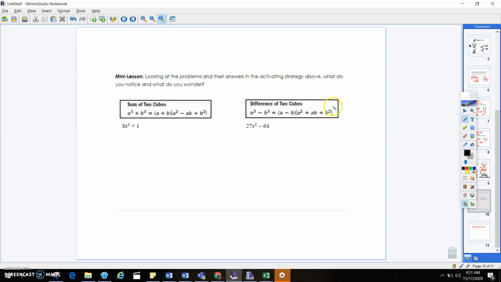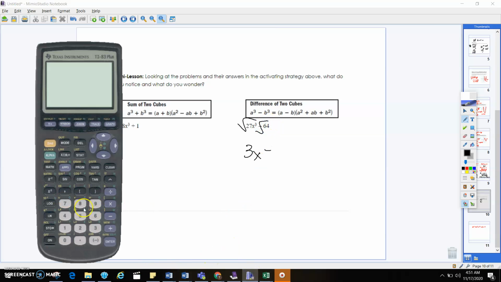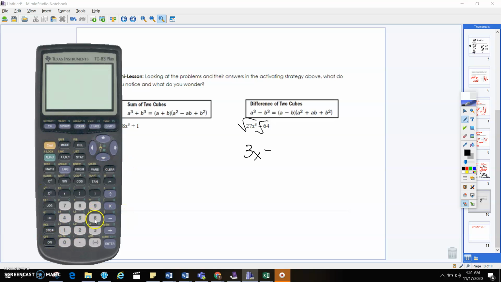On this one over here, again, we're going to take the cubic root of the first one. So that's going to be 3x. And then we've got 64, so we're going to take the cubic root of that. And off the top of my head, I'm not going to do that. So I'm going to go to my calculator. In order to put this in my calculator, I'm going to take 64 and raise it to the 1/3 power. Remember, that's the same thing as taking the cubic root.